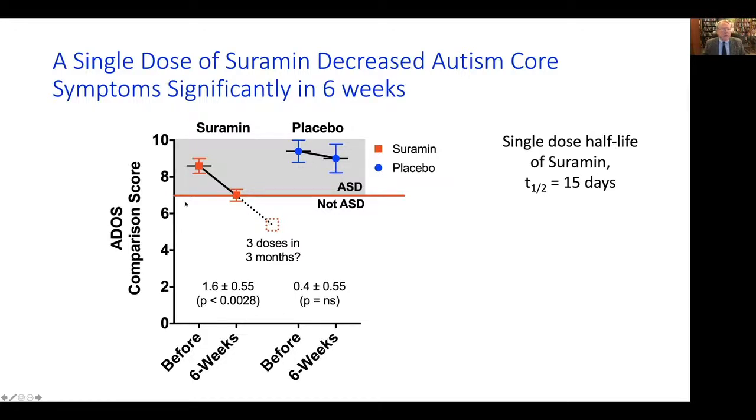So many of you may know that autism spectrum disorder is defined, in part, by an ADOS score of 7 to 10. Okay, so anything below 7 is technically off the autism spectrum. And in the placebo group, you can see that there was no significant change. The error bars are completely overlapping, and they stay in this gray zone, which is the autism spectrum.